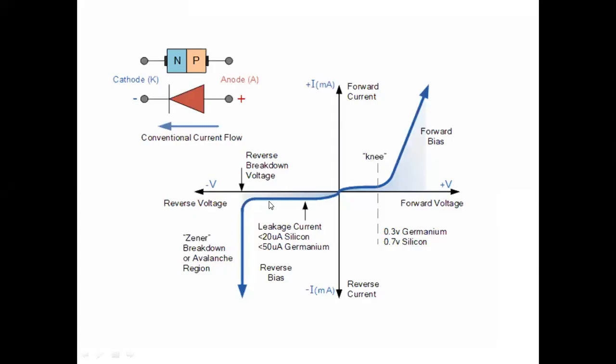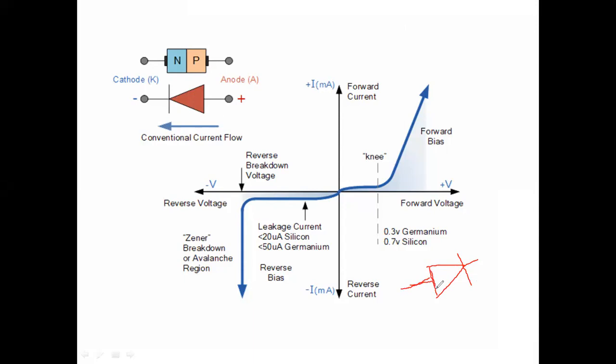So this figure shows the symbol of the diode. We can write the symbol of the diode like a triangle, or we can say it is some arrow type.